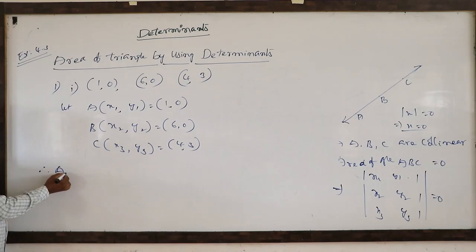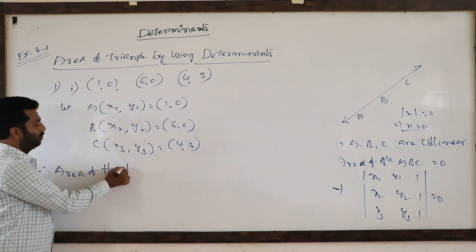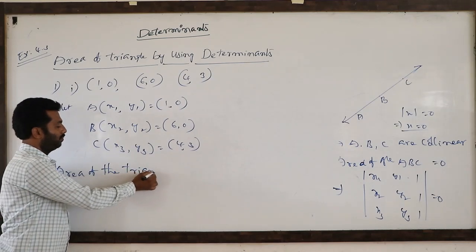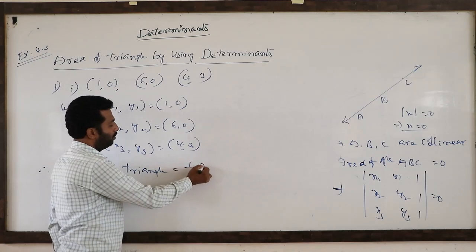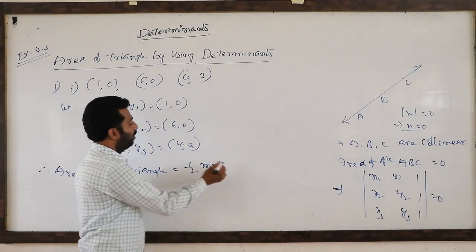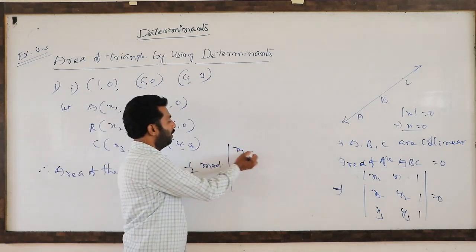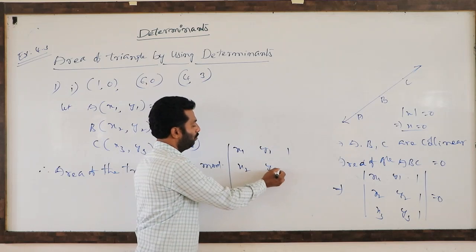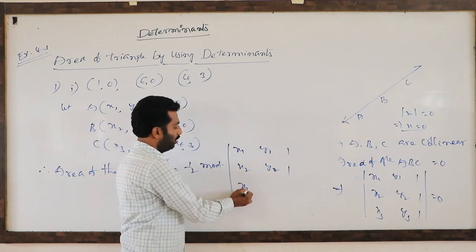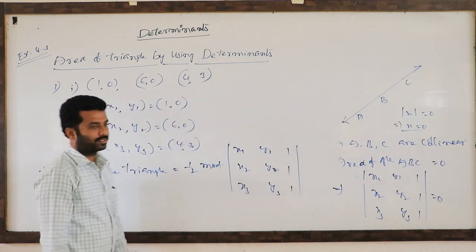Therefore, the area of the triangle equals half into modulus of the determinant of x1, y1, 1, x2, y2, 1, x3, y3, 1 square units.